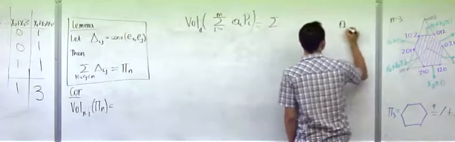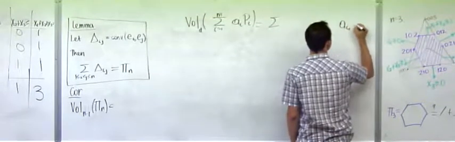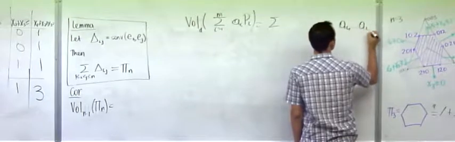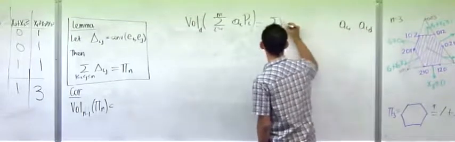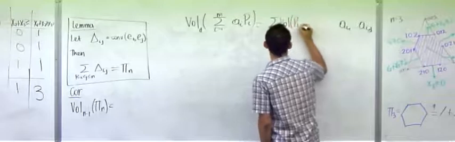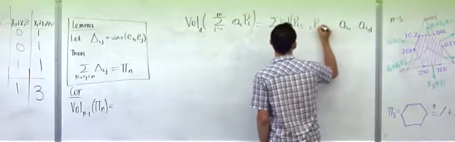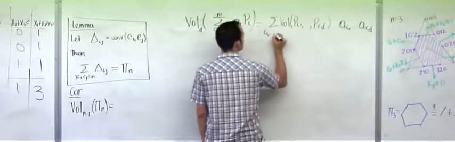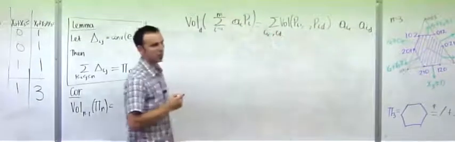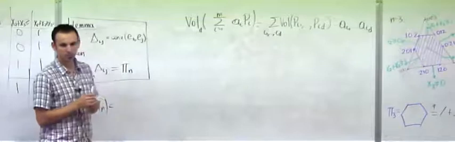And if you want to know what the coefficient of a_{i1} up to a_{id} is, it's the mixed volume of P_{i1} up to P_{id}. And we're summing over all choices of i1 to id. Okay?